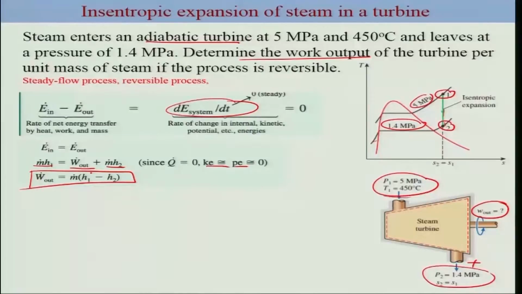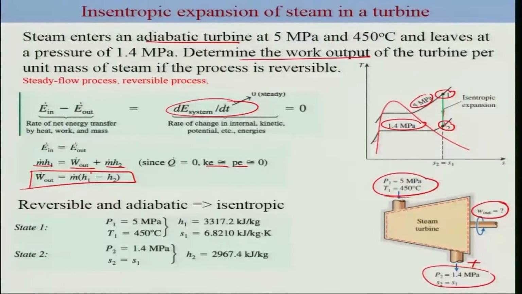What you need to find out is simply the enthalpy of state 1 and state 2. For state 1, you can take it from the table of superheated vapor. It's given here, h1 and s1. For state 2, you have the information of 1.4 megapascal and the entropy. Again you make use of the table and find out where this condition meets.